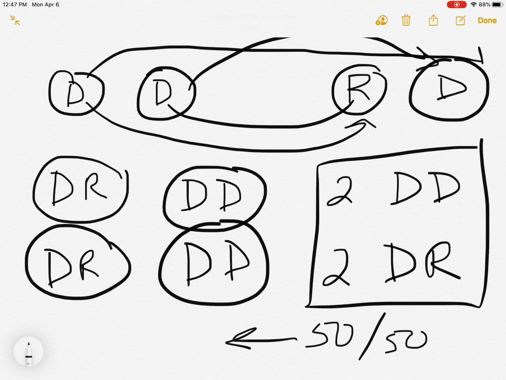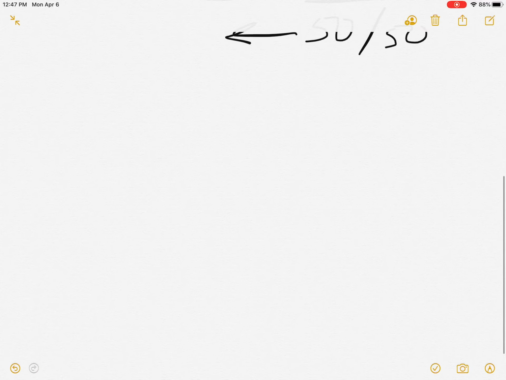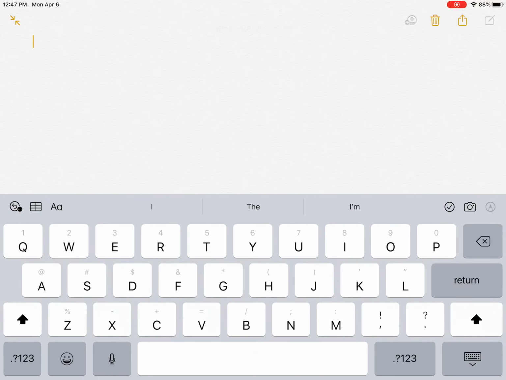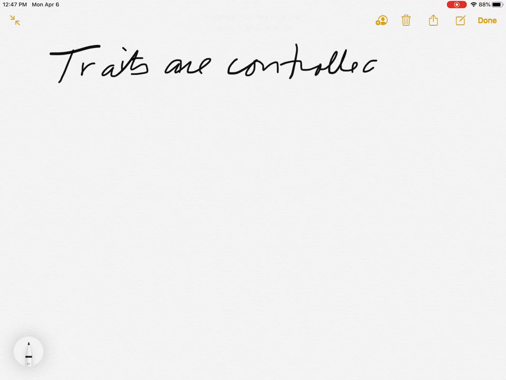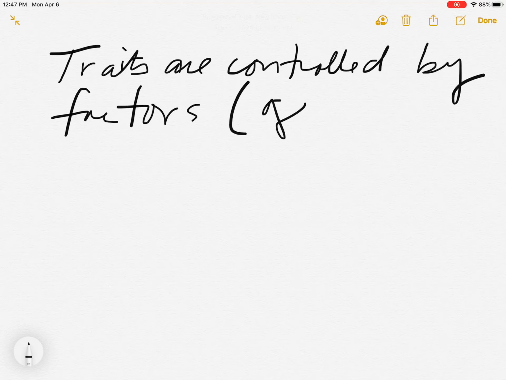So we've got our concept list pretty much all taken care of. We've talked about everything in class 1. So I'm just going to do a very quick review, put it all into perspective, and this is the end of class 1. All right, so Gregor Mendel realized that traits are controlled by factors. And we're going to write the word genes in there because we know what that means.